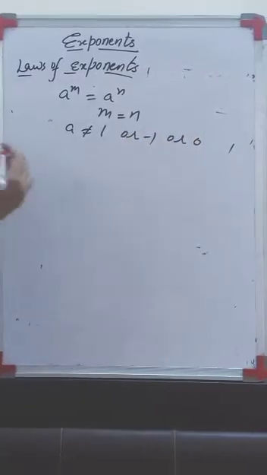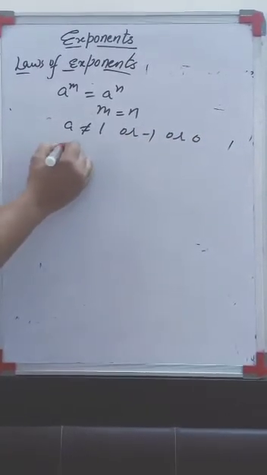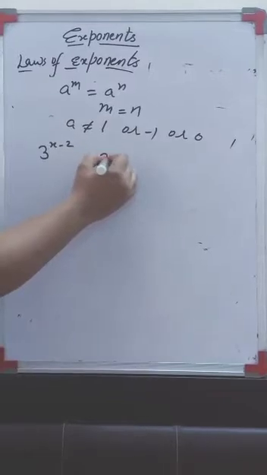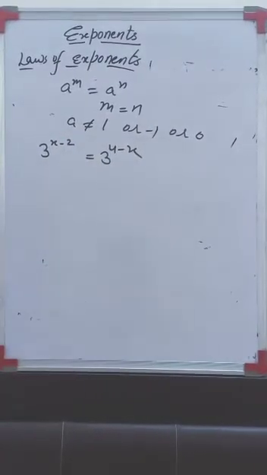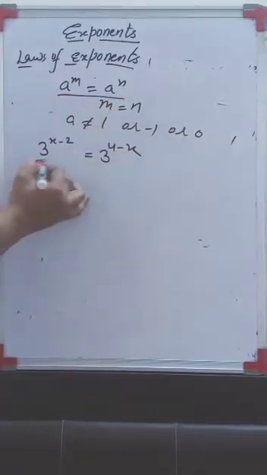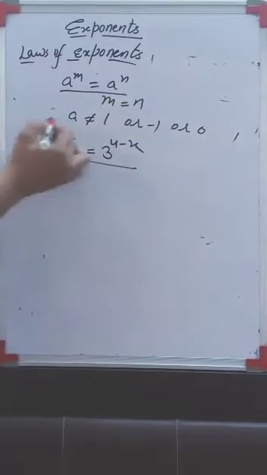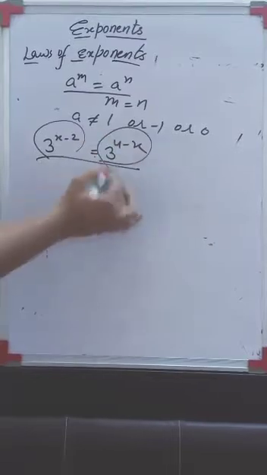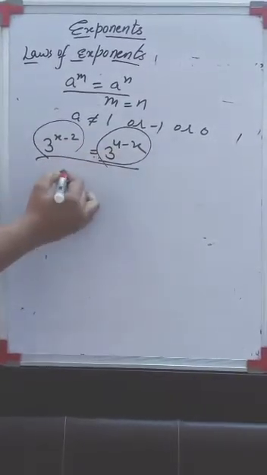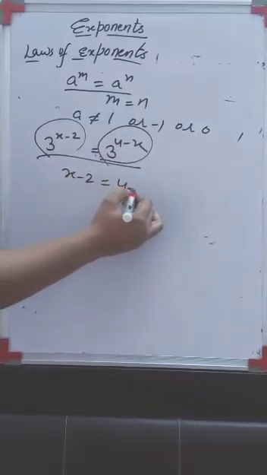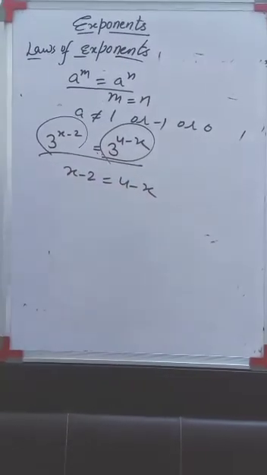For example, 3 raised to power x minus 2 is equal to 3 raised to power 4 minus x. See, compare this one: on both sides of the equal sign, bases are equal, so powers must be equal. So x minus 2 will be equal to 4 minus x, right?